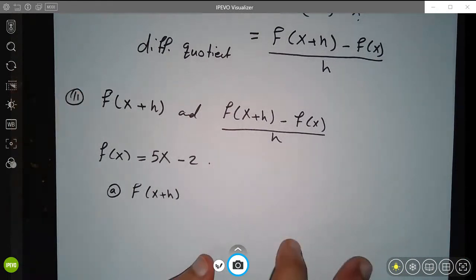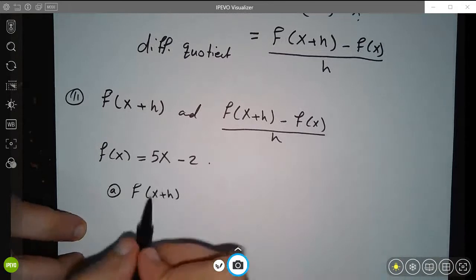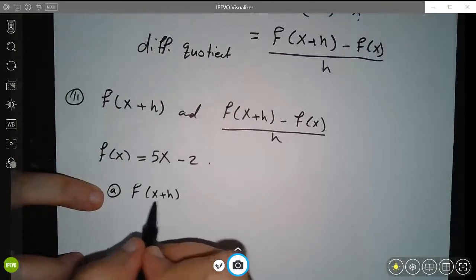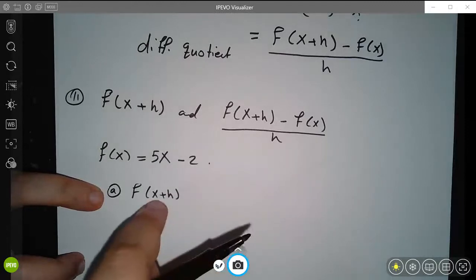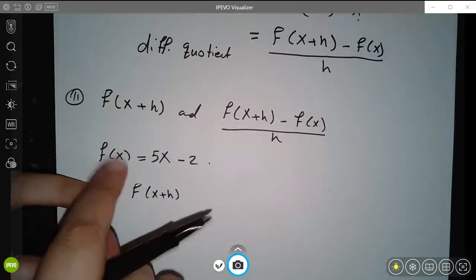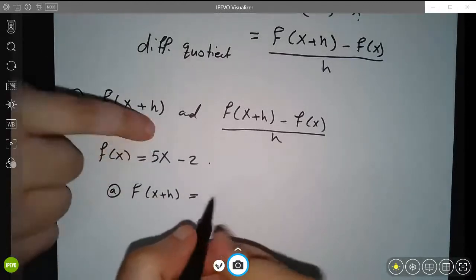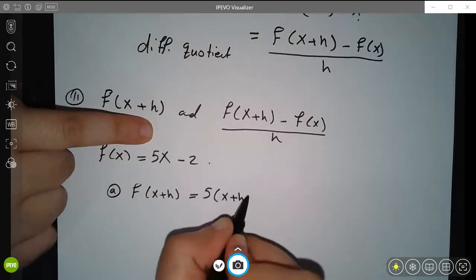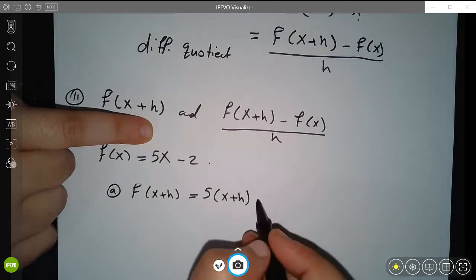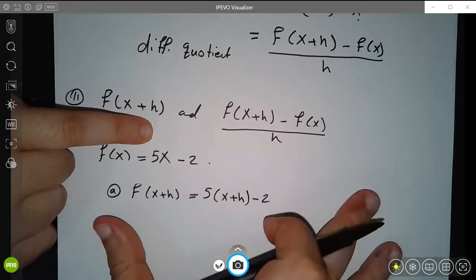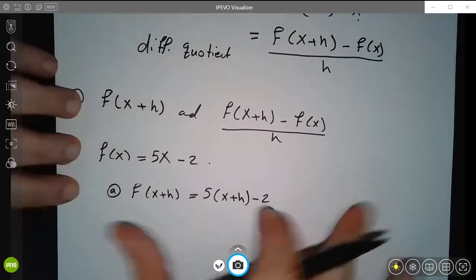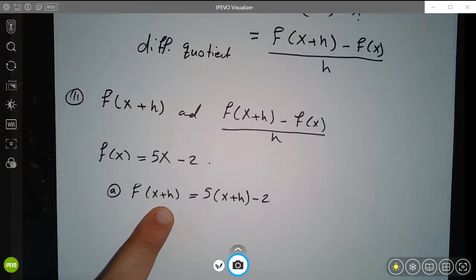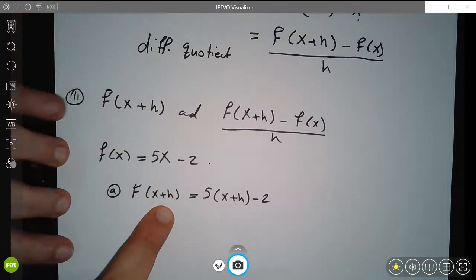Okay. So first step, find f of x plus h itself. I'm going to plug this in instead of x. So over here we have what? 5 times x plus h, minus 2. There, done. We replaced every x with x plus h. So that was finding f of x plus h.